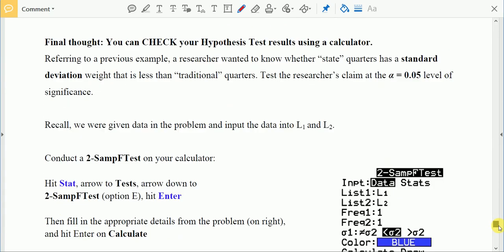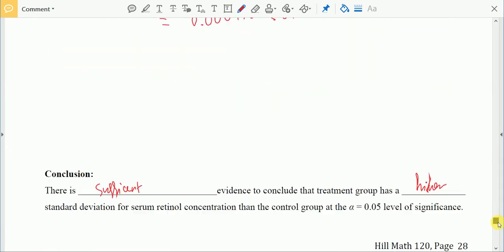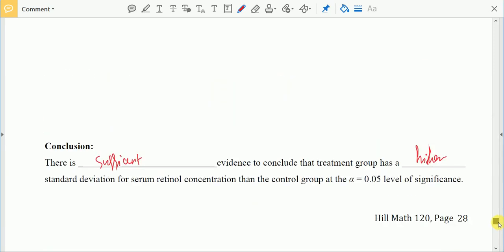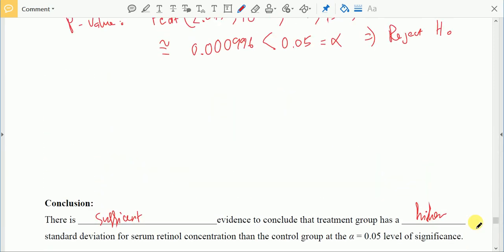So let's summarize everything for this chapter. For the proportion, we have a total of 4 sections, right? The first one is proportion, the next one is the mean, and the last one is standard deviation.